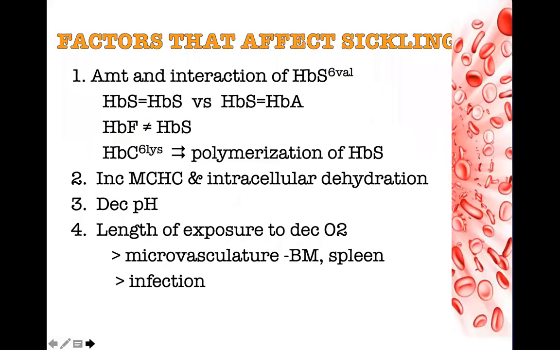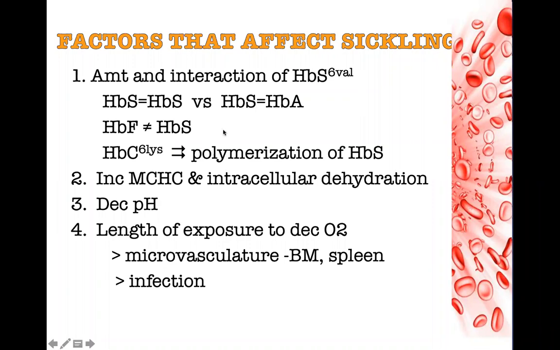Okay, so what are the factors that would affect sickling? Number one would be the amount and interaction of the hemoglobin S. If you have a lot of hemoglobin S, then there would be sickling. Whereas in sickle cell trait, since you have hemoglobin A, it will prevent sickling.